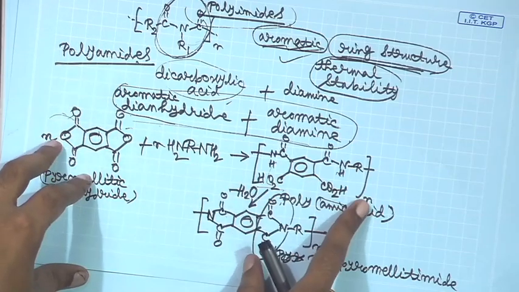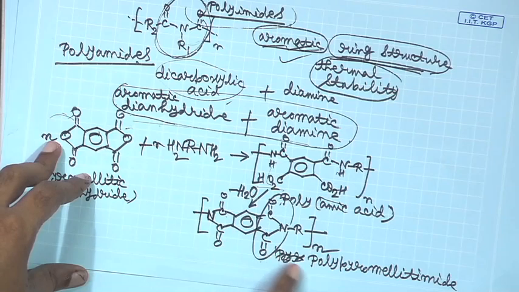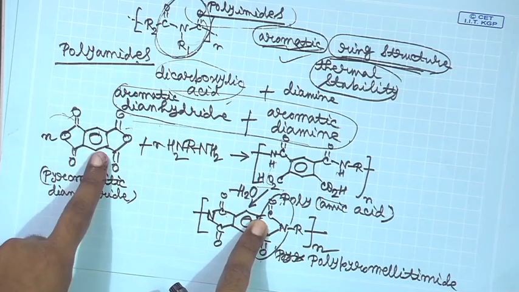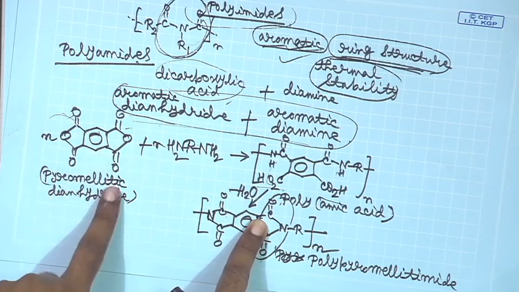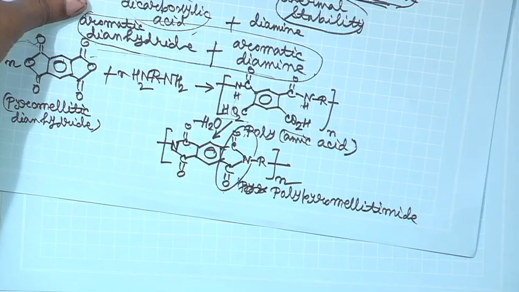So, this is a two-stage process. In the first stage you get polyamic acid, on further heating it can cyclize and it gives you the polyimide. In this case you started with a specific anhydride, pyromellitic dianhydride, so you got what you call polypyromellitimide.